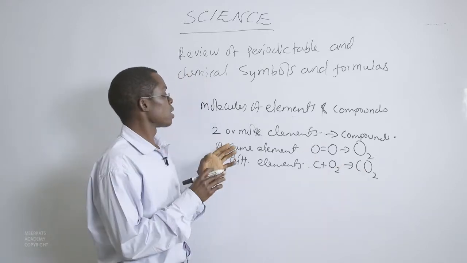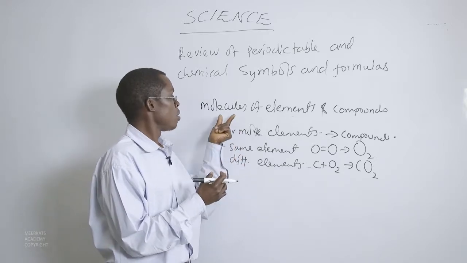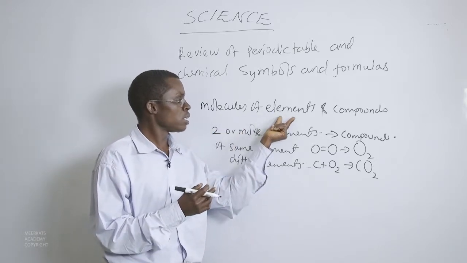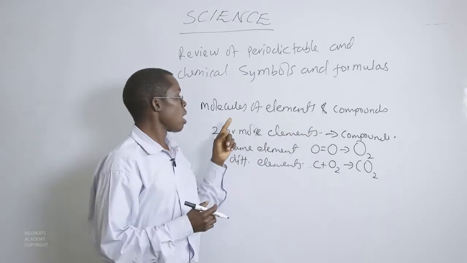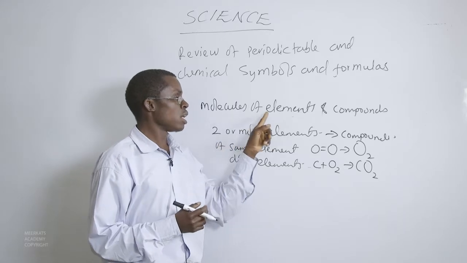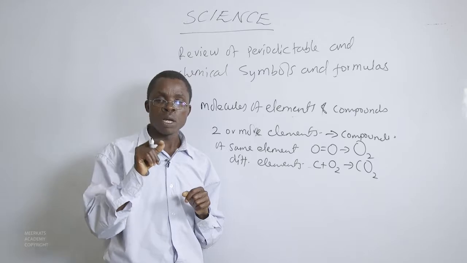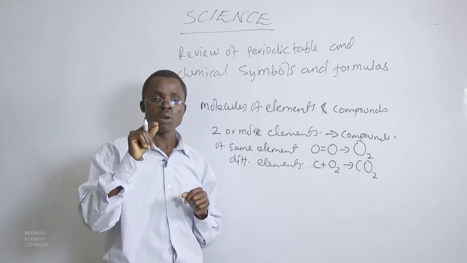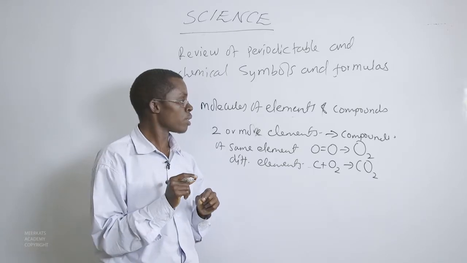So where does the difference come in when you are talking about molecules of elements and compounds? The difference is a molecule of an element must be made of atoms of the same element.